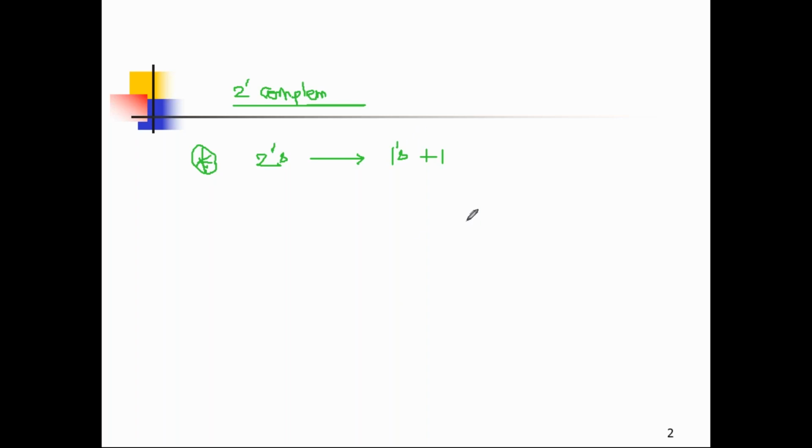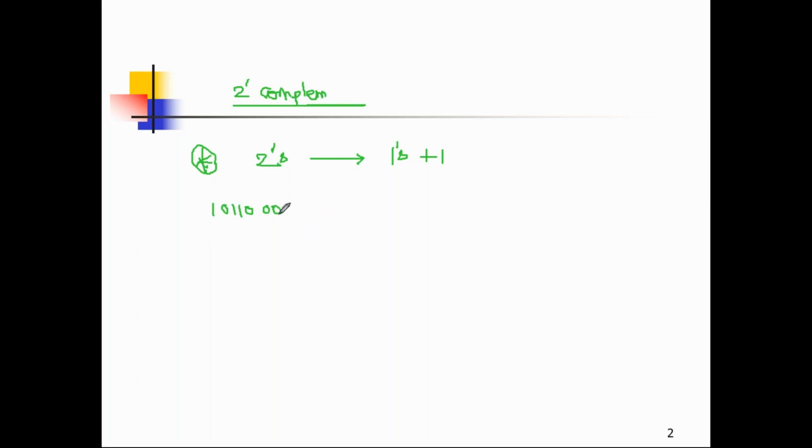What is meant by this? We will see now with one example. Suppose the given number is 1 0 1 1 0 0 0. What is the two's complement for this given number? What is the procedure?